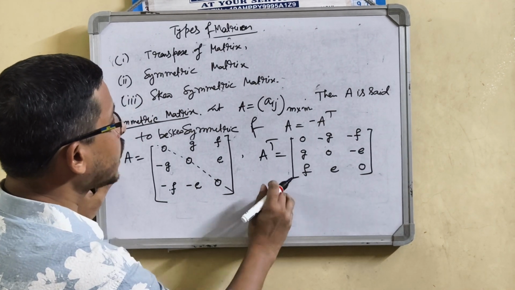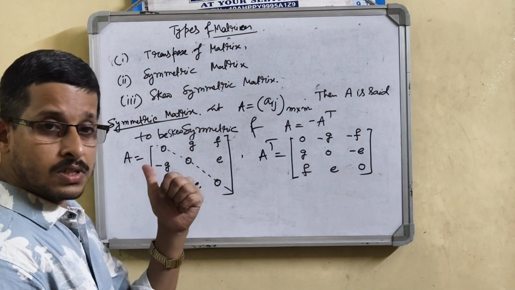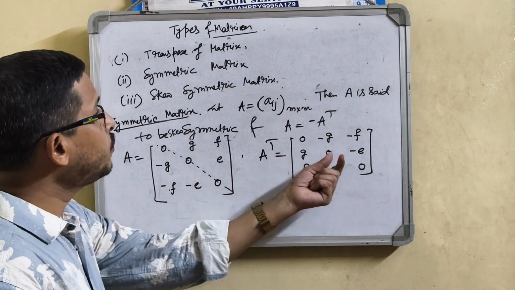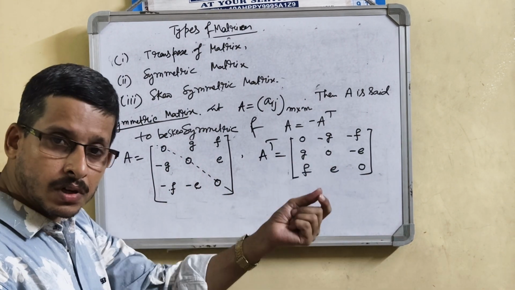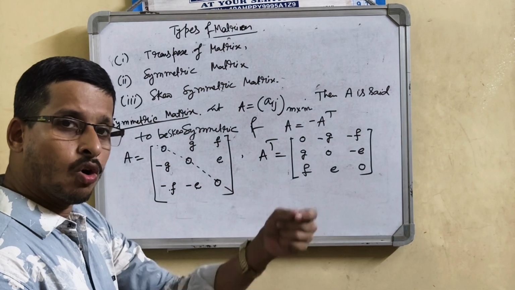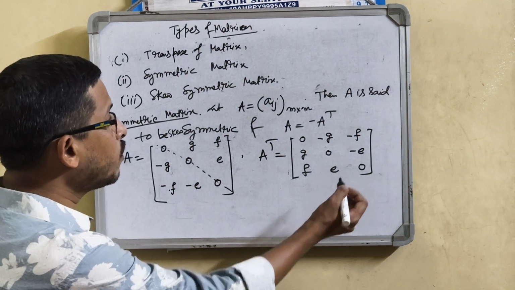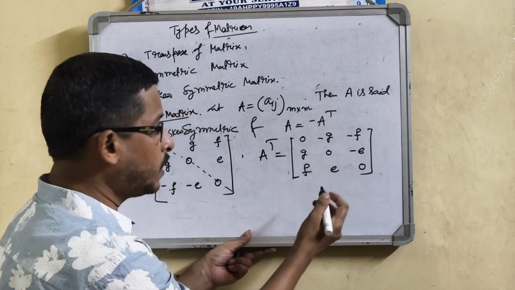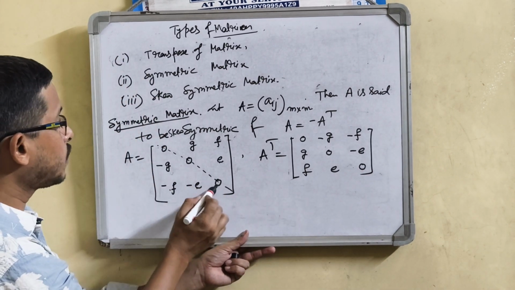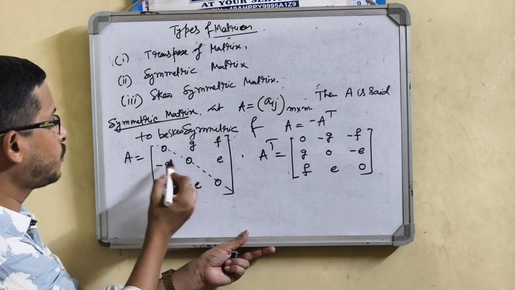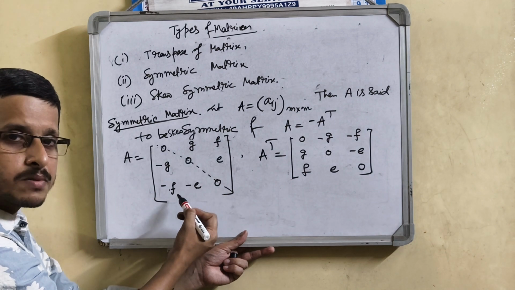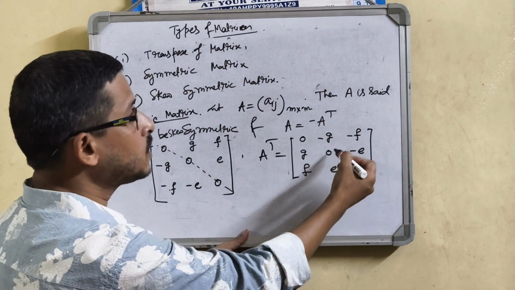Now as per the scalar multiplication rule we discussed previously, if we multiply by a number, that number should multiply all the members of the matrix. So if we take minus as common, originally the negative numbers were in the lower part of the principal diagonal. After taking the transpose, they are in the upper part.